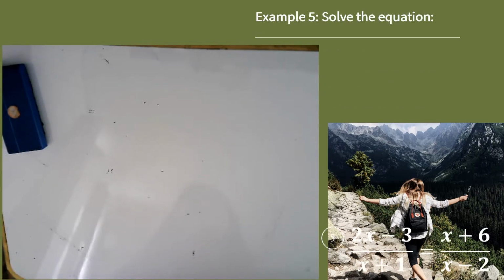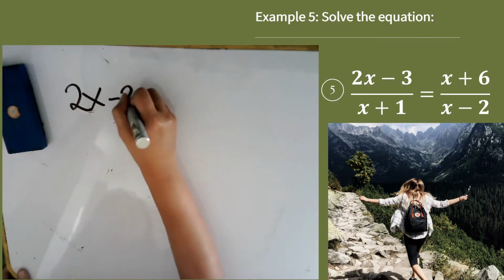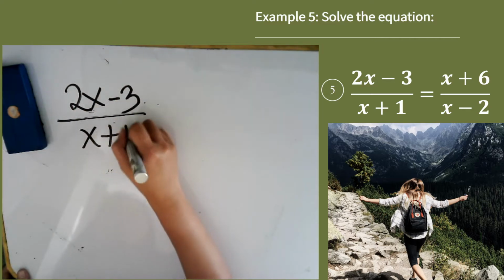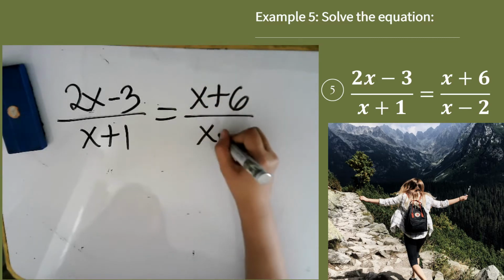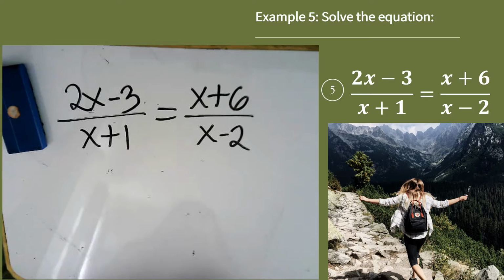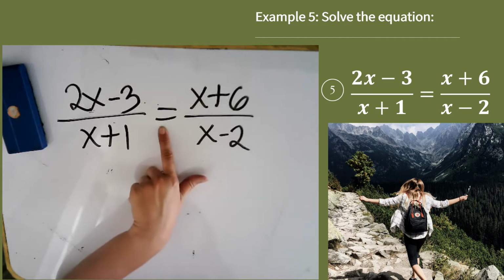Example number 5, solve the equation (2x minus 3) over (x plus 1) is equal to (x plus 6) over (x minus 2). So, solving the equation means finding the value of x that will make this statement true.